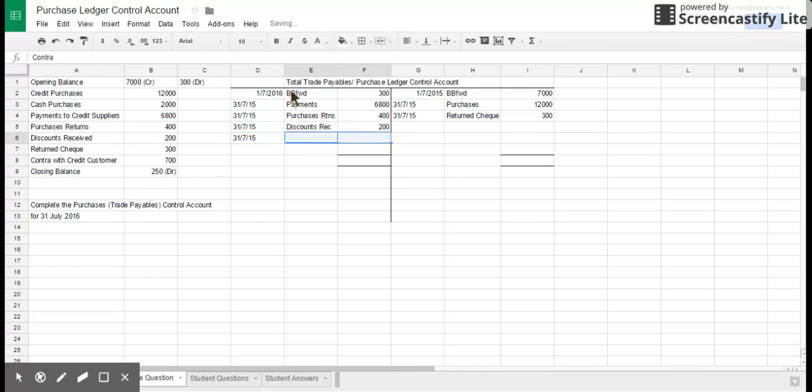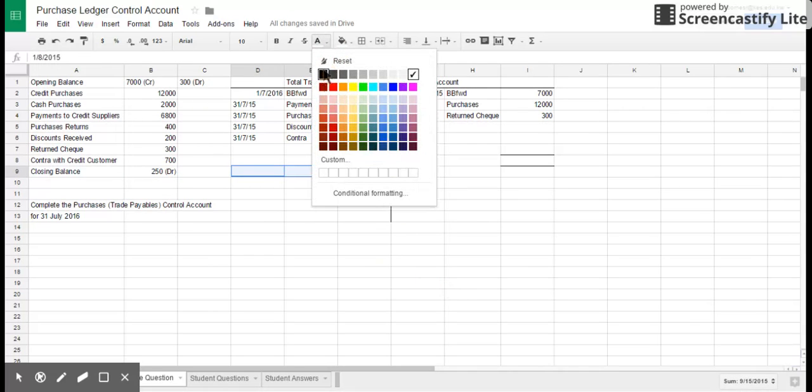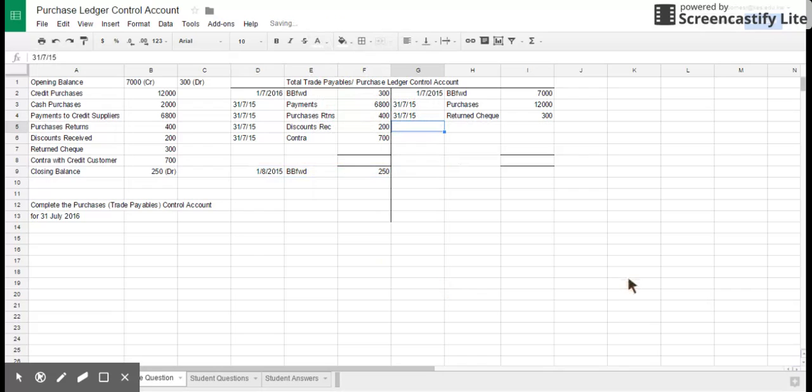and hopefully I've got it there. Okay, we've got this closing balance of 250 on the debit side. And what that means normally is that the balance brought forward is going to be on the debit side, and therefore we need to put a balance carry forward on the credit side of the accounts.